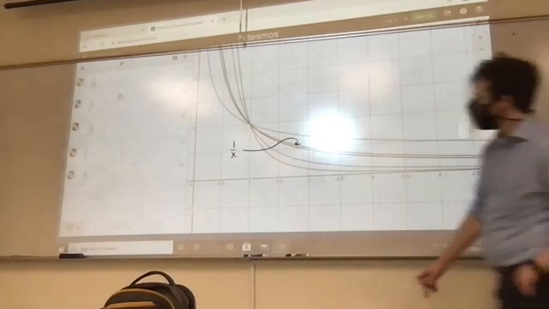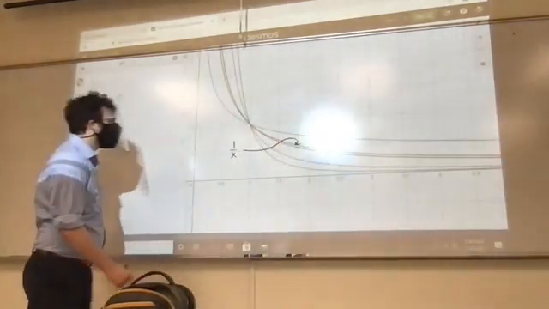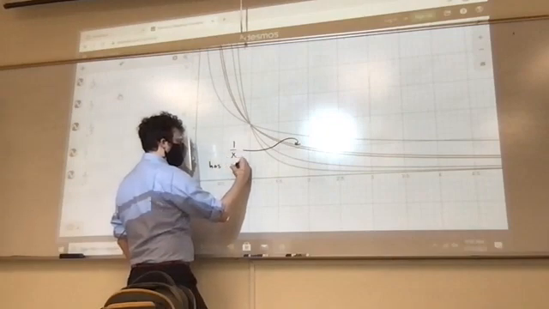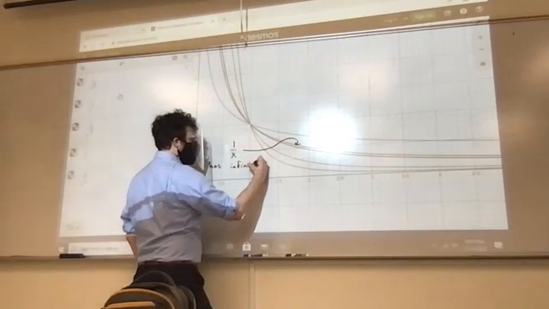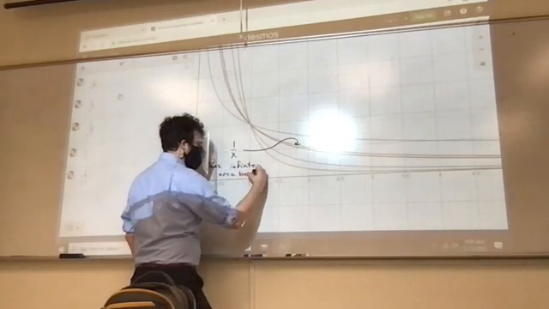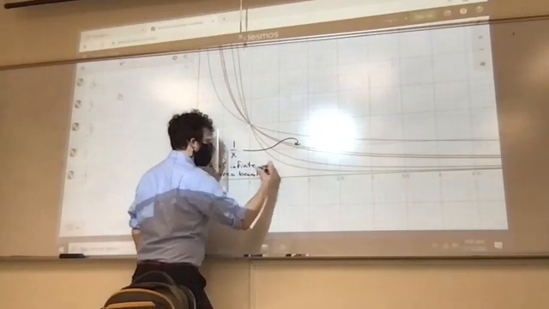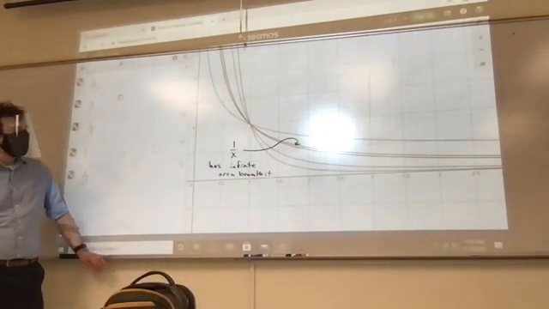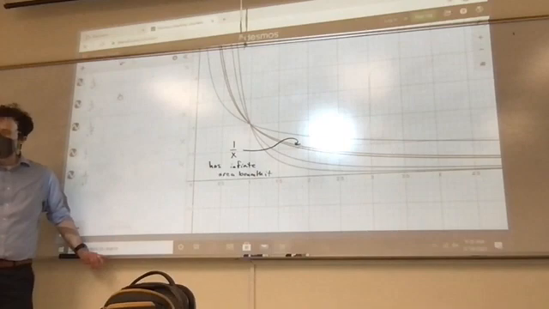And what we said about it is that this has an infinite amount of area beneath it. So we checked that the improper integral of 1 over x diverged.